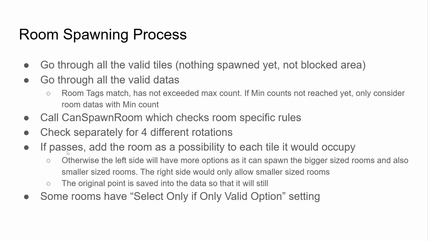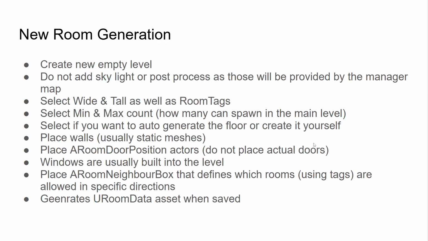So if it passes these checks, it will add into the valid rooms for that tile. And yeah, then it will calculate which tile has the least options and try to check the is every room accessible stuff for that tile. All the rooms.